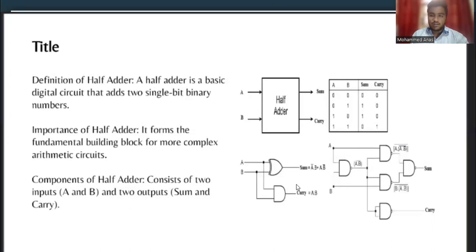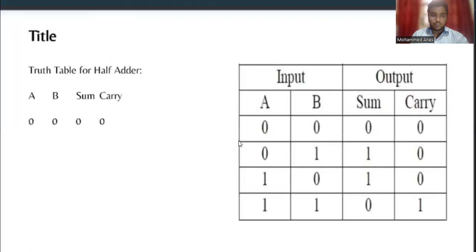As you see in this figure, the truth table of half adder, input and output. As I told, input is A and B, output is sum and carry. If we give input A equals 0, B equals 0, then the sum will be 0 and carry will be 0.